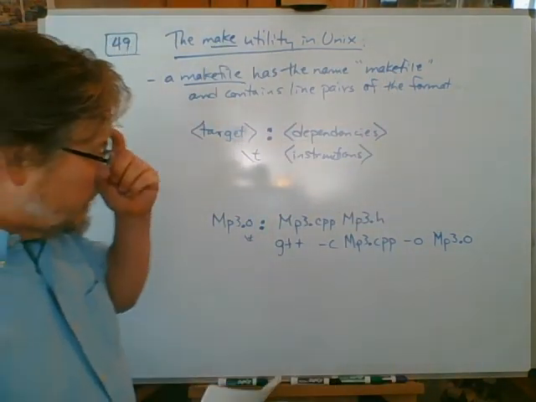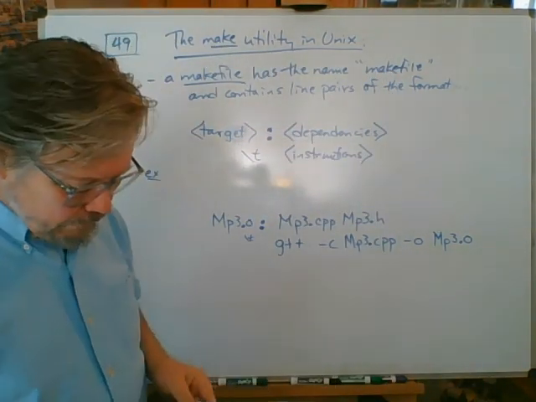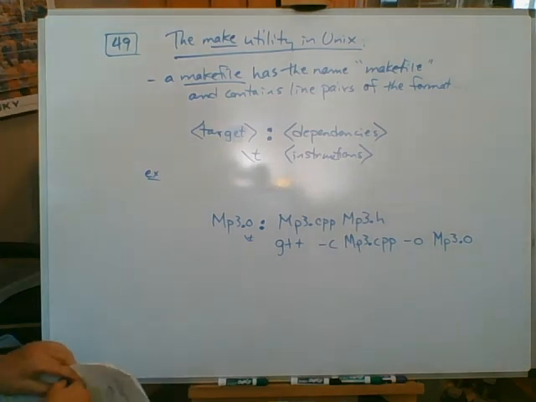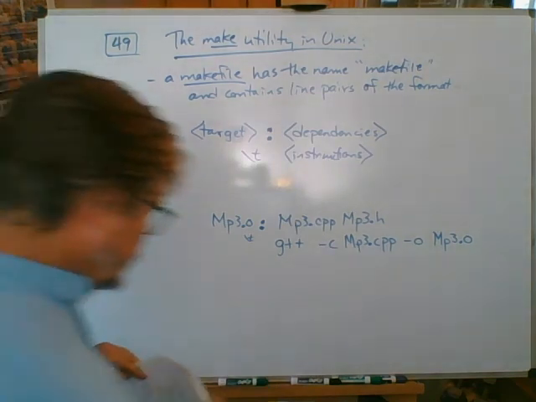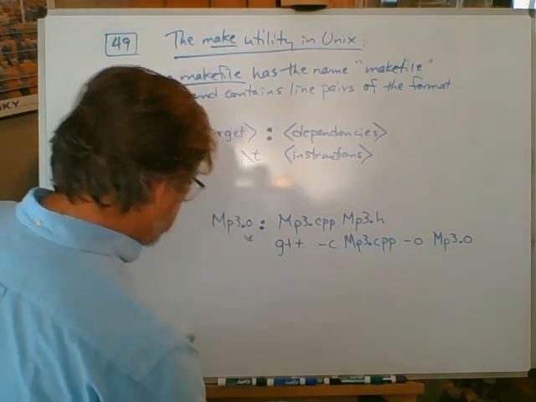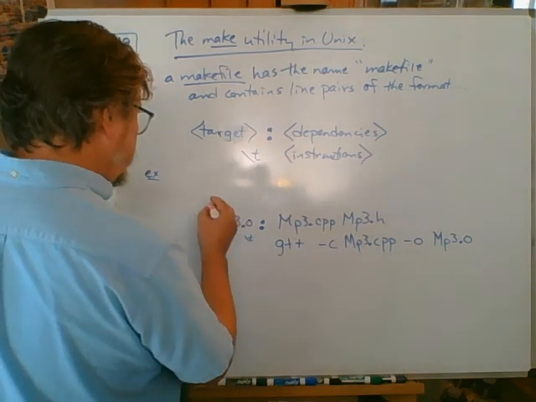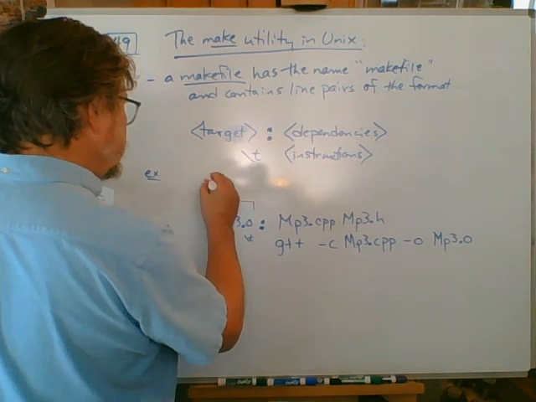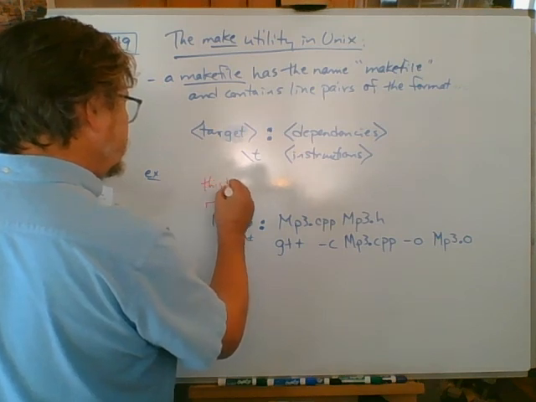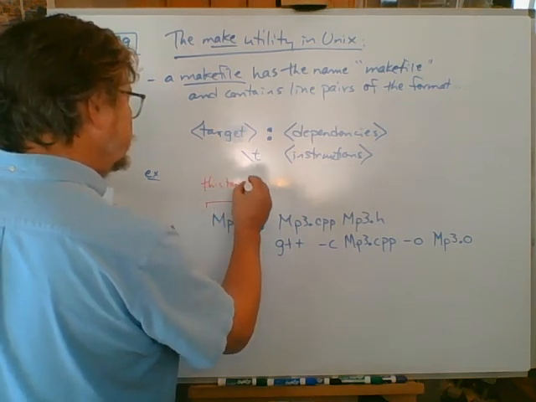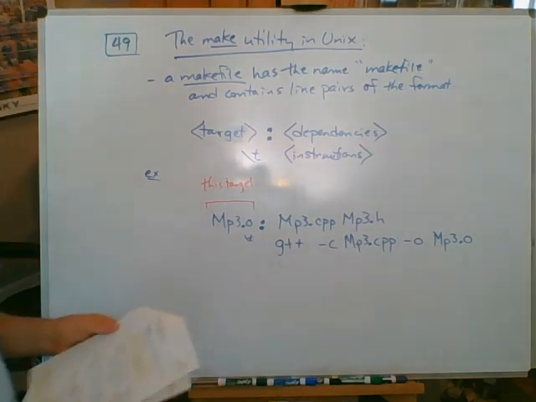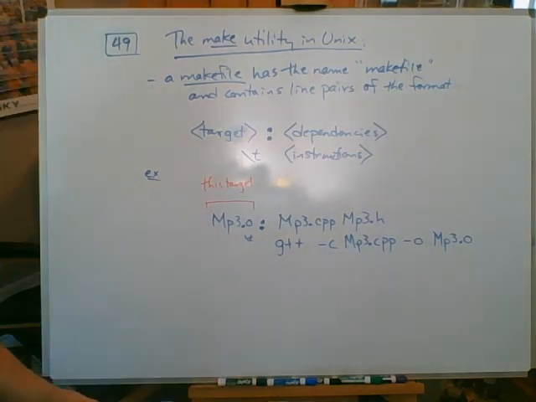Yeah, Unix commands look kind of cryptic sometimes, don't they? You know what? I'm going to switch color and talk about these things. Here's this thing over here, this target, dot, dot, dot. What about that target?